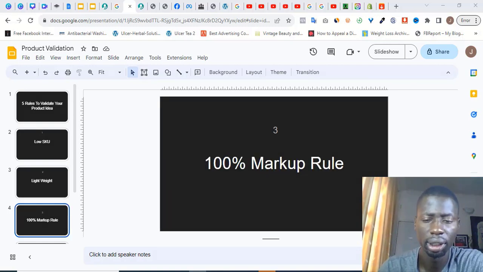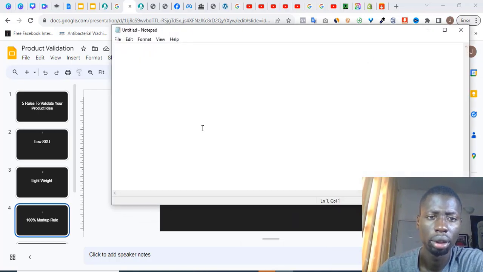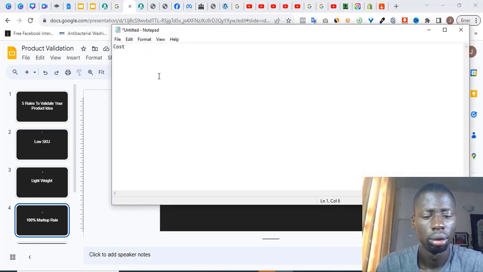So number 3 rule for validating a product is the 100% markup rule. And here's what I mean. Let's say you find a product that costs you, okay, let's use a higher amount.